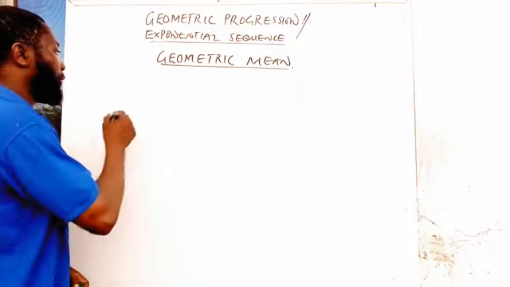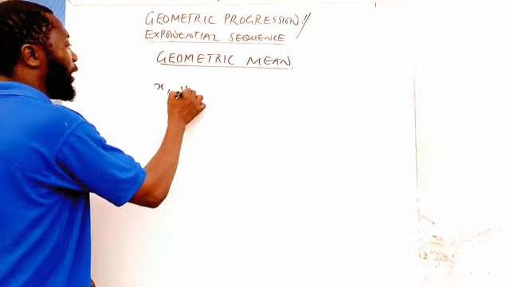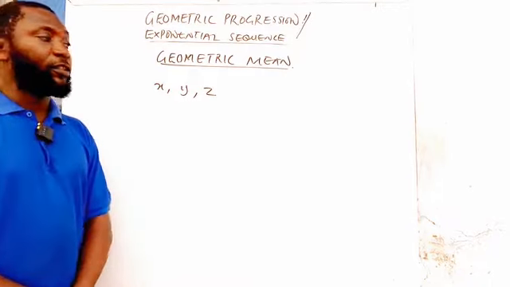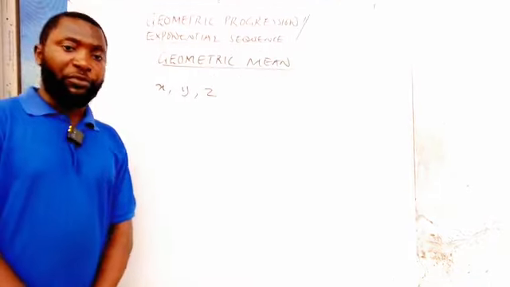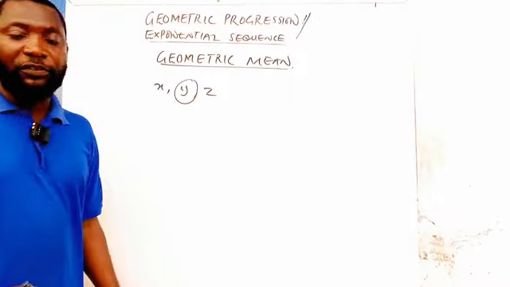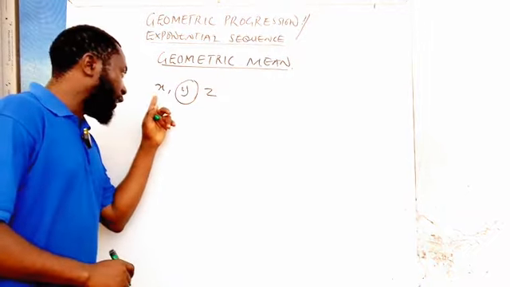That is, let's say x, y, z are consecutive terms of a geometric progression, then we say y is the geometric mean if y equals the square root of the product of x and z.